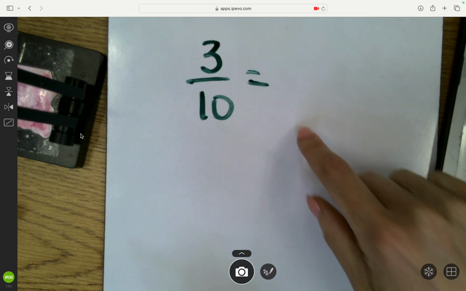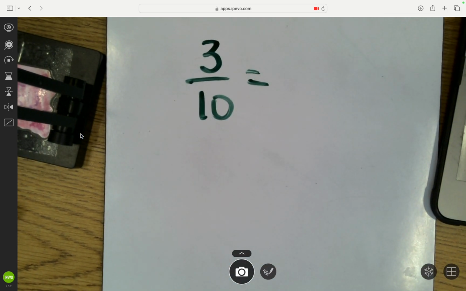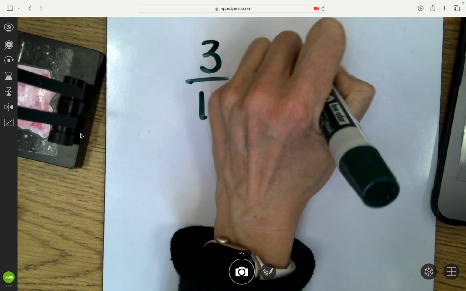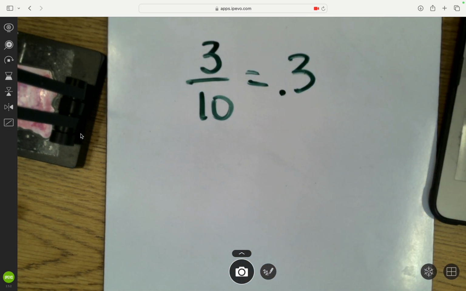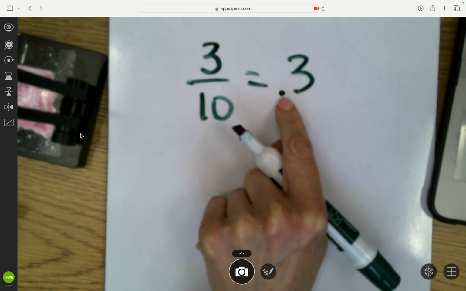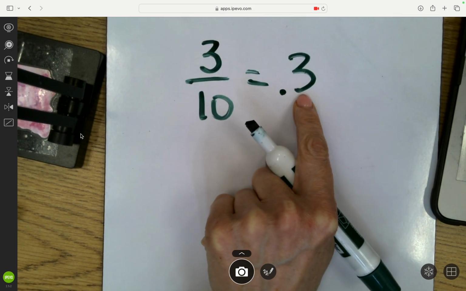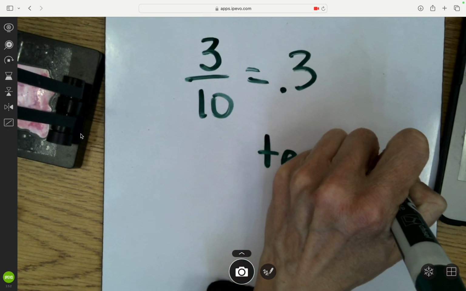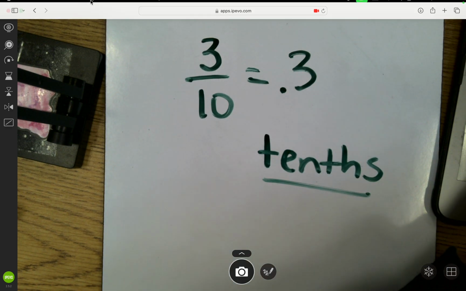And then we wrote an equivalent decimal, which was decimal point 3, 3/10. So the number right after the decimal is the tenths place. Tenths, okay?